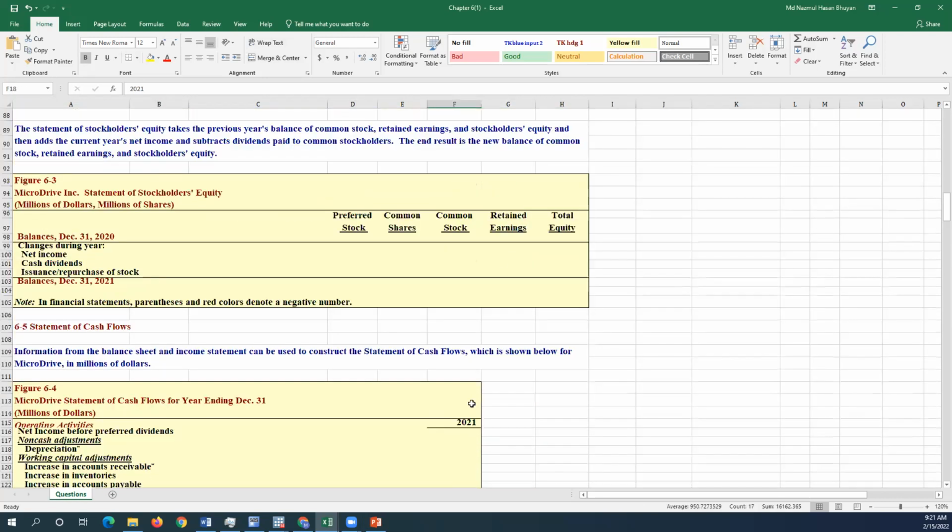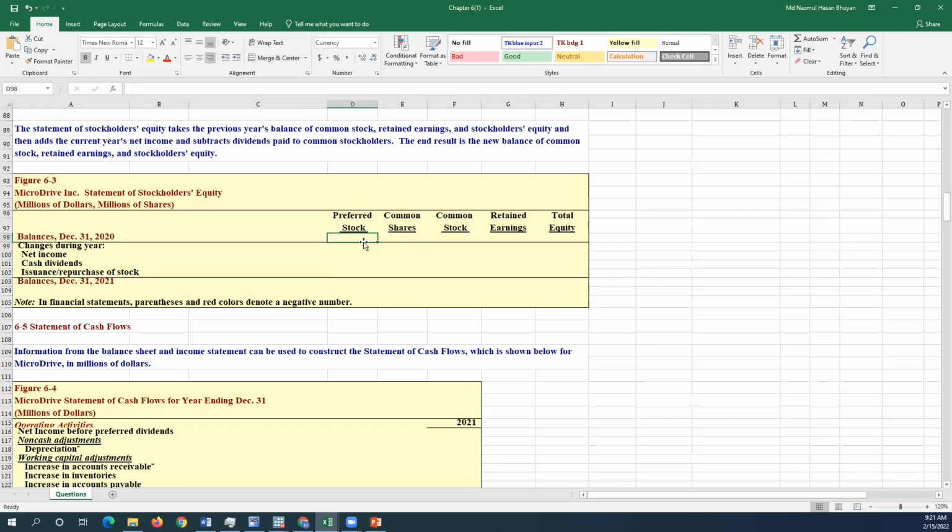The basic format is you start with the balance of the shareholders equity accounts for the year 2020, then put the changes in the shareholders equity accounts during the year 2021, then find the balance of the shareholders equity accounts for the year 2021.